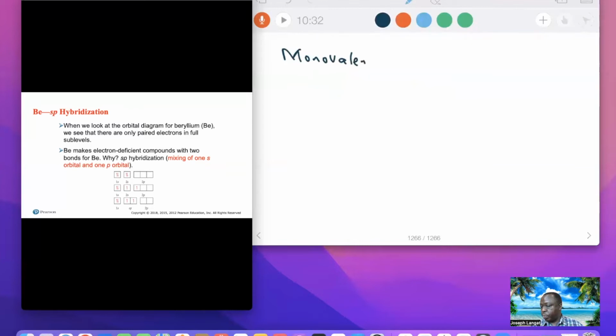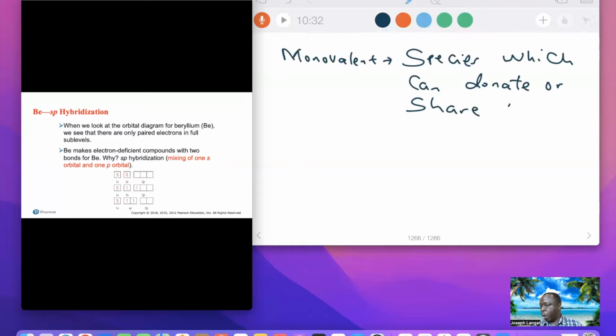Monovalent is a species which can donate or share one electron in a covalent bond. So any species which can donate one electron is regarded as monovalent.